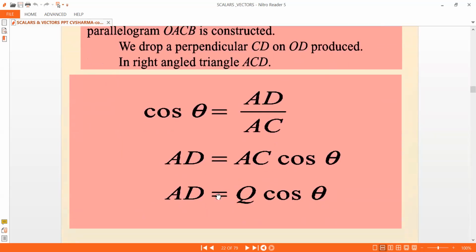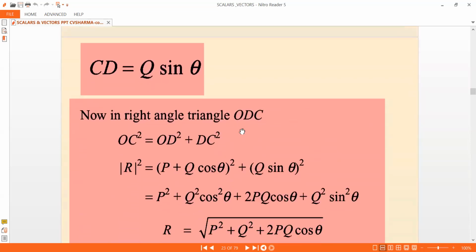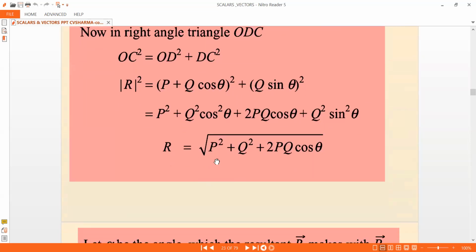This is some mathematical work, and then finally you end up with this: the square root of p square plus q square plus 2pq cos theta, that is the magnitude of the resultant vector. This is the final formula I want you to remember.